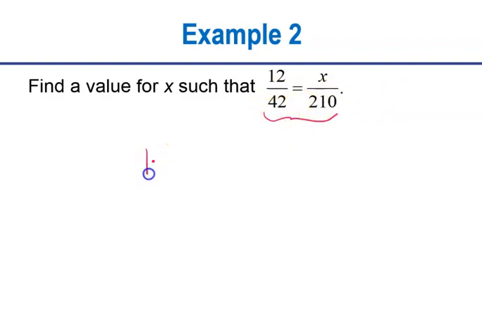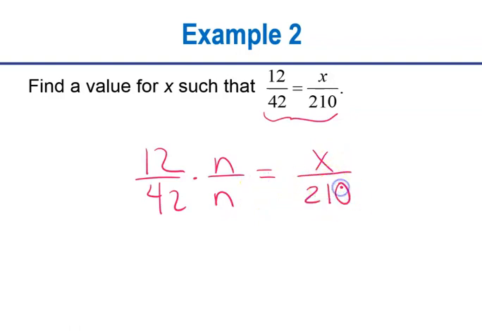So we say 12 over 42 times n over n is equal to x divided by 210. Off to the side, either use your calculator or not, we need to know how many times 42 divides into 210. It turns out that is 5 times.